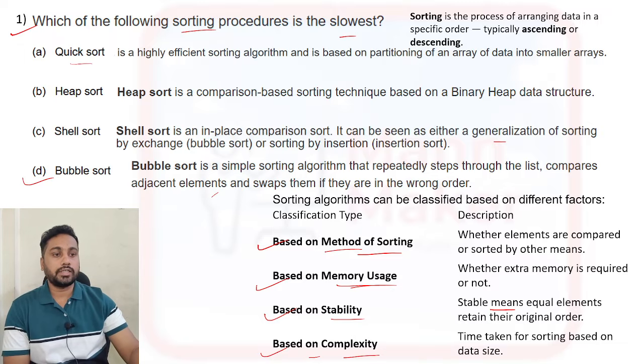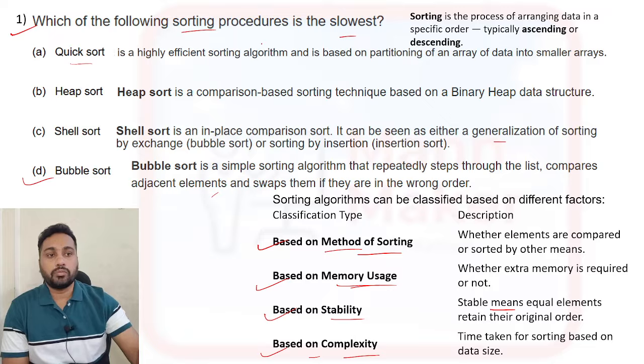Bubble sort is a simple sorting algorithm that repeatedly steps through the list, compares adjacent elements, and swaps them if they are in the wrong order. These are some definitions of these sorting algorithms. So you just need to remember that the slowest sorting procedure is bubble sort.